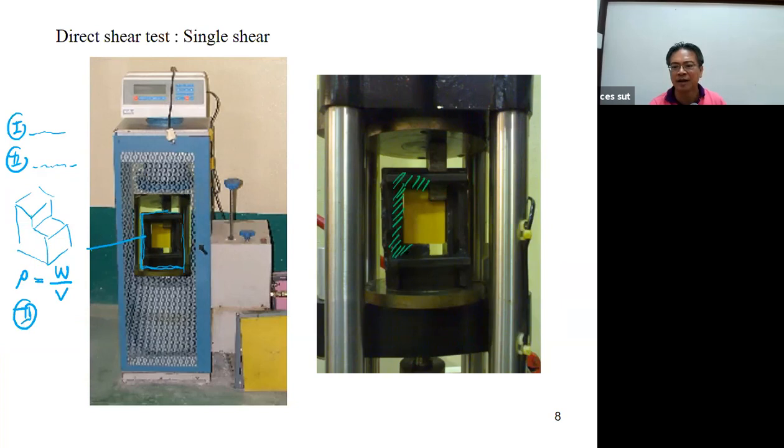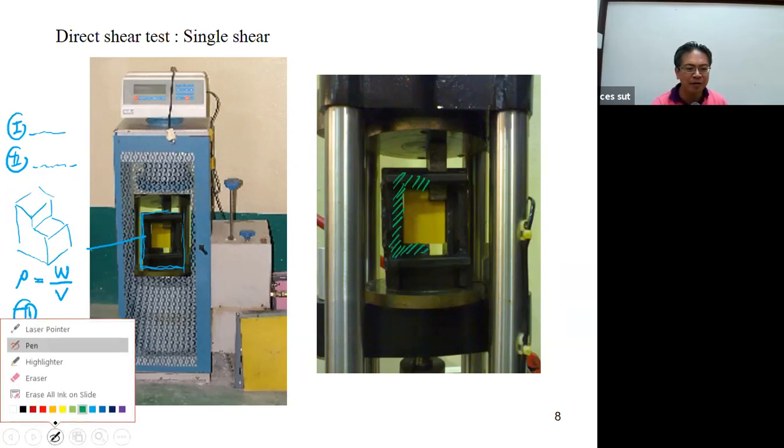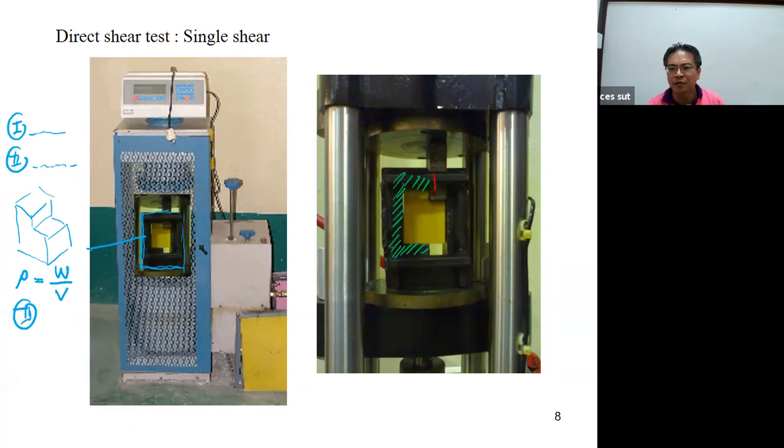When you apply the force, it will be transferred by the steel plate here, and then you turn on the machine and increase the loading. Before increasing the loading, put up the peak recorder, so that when the force increases to the max it is recorded.